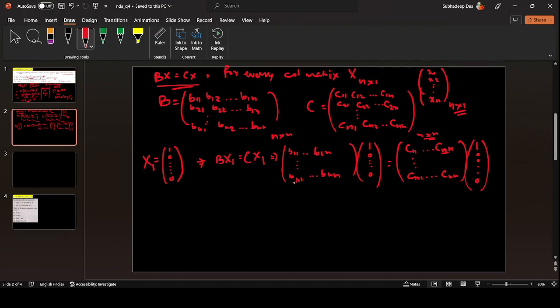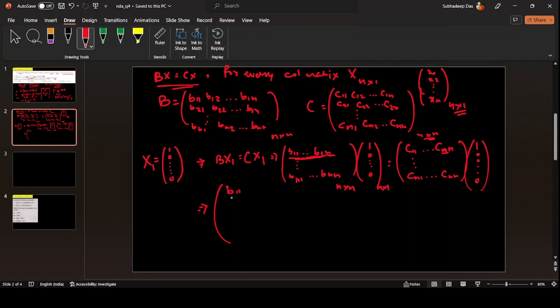So what if we multiply this? We get an n cross n matrix times an n cross 1 matrix, so we get an n cross 1 matrix, that is, a column. And what column does it give? B11, this row into this column: B11 into 1, B12 into 0, B13 into 0, and so on. So all the terms are 0 except B11.